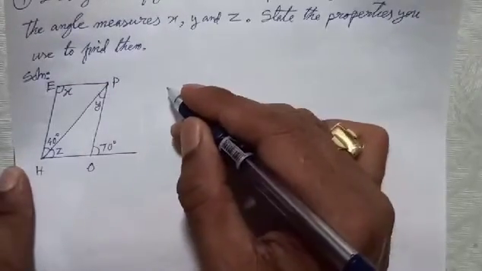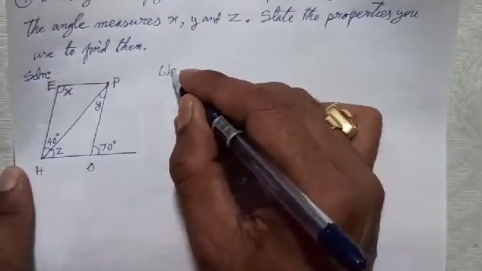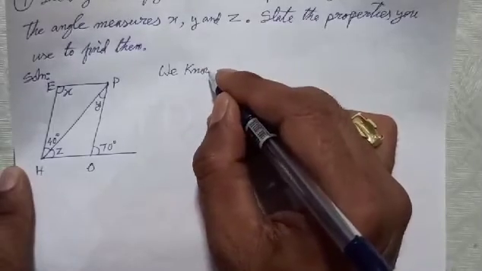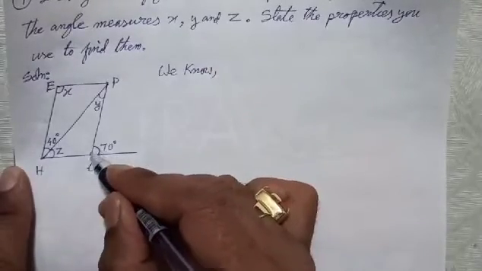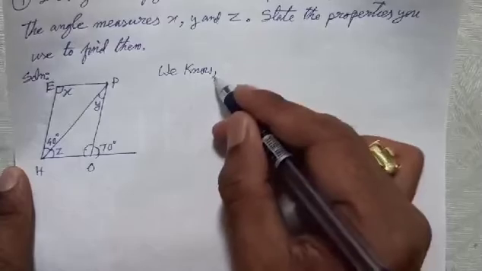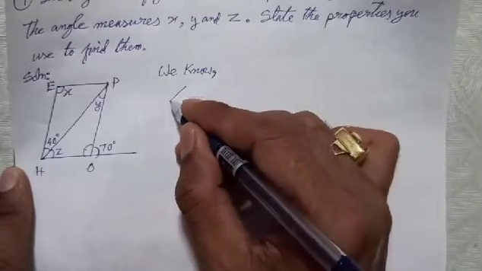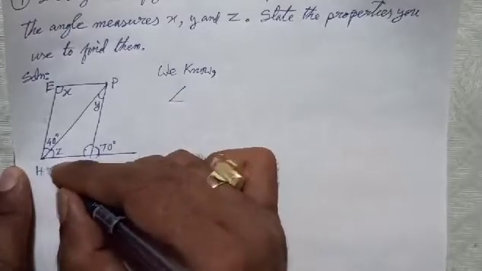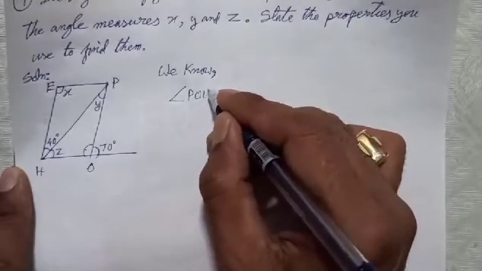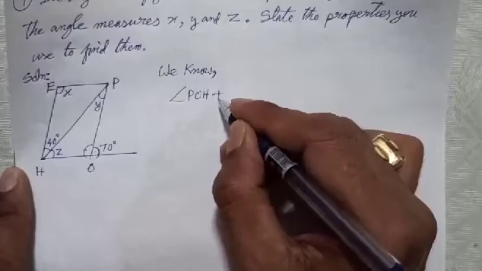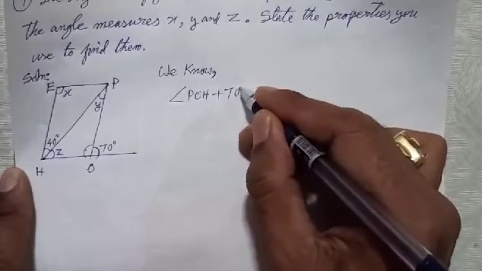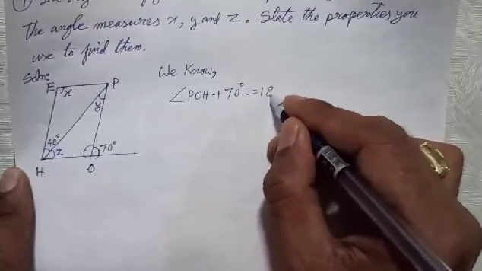Now solution. We know here this 70 degree and this angle, these two are a linear pair. Linear pair means the total angle must be 180 degree. Angle POH plus 70 degree is equal to 180 degree.